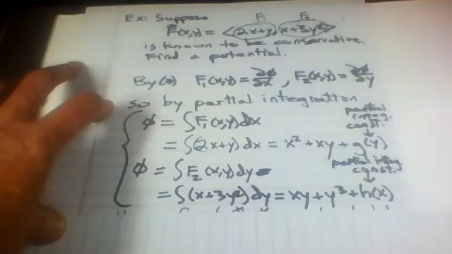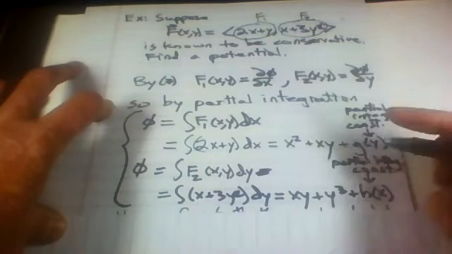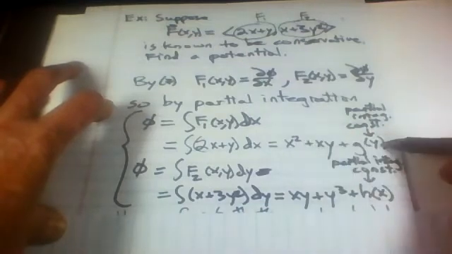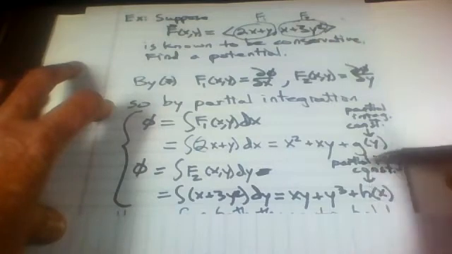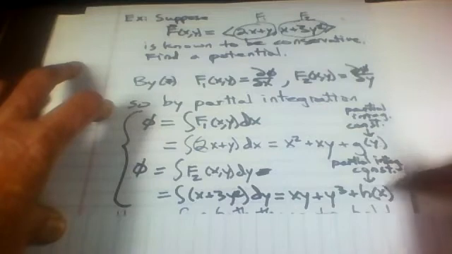Now I know from integrating the first component that phi has to have this form, and from integrating the second component, phi has to have that form. How can those be equal? If they can't be made equal, then either you made a mistake in integration or the original force F wasn't conservative.